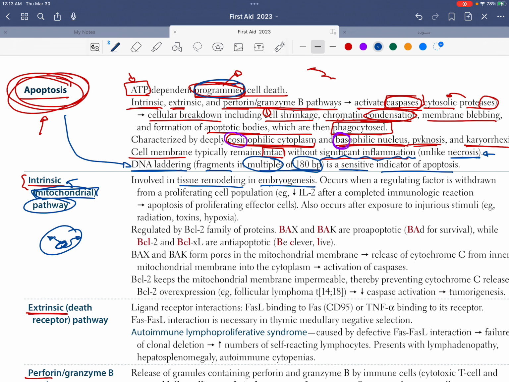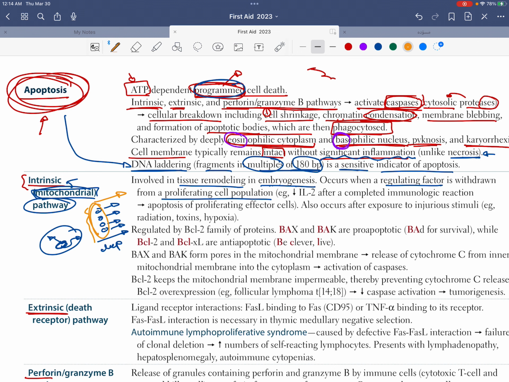It occurs when a regulating factor is withdrawn from a proliferating cell population. Usually when the cells try to multiply or undergo development, there is a factor that's causing these cells to undergo development.